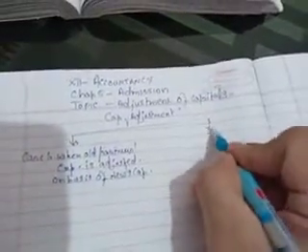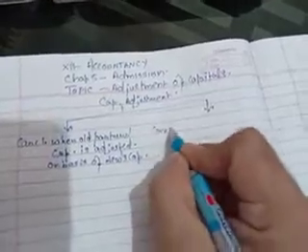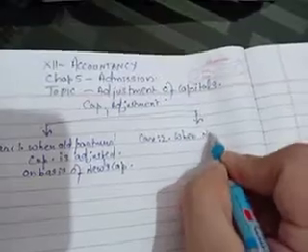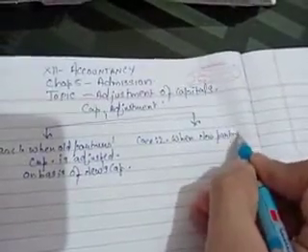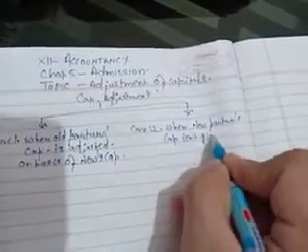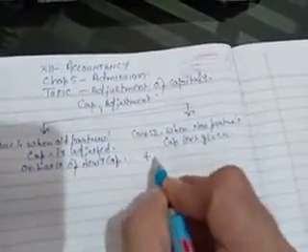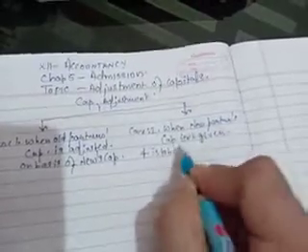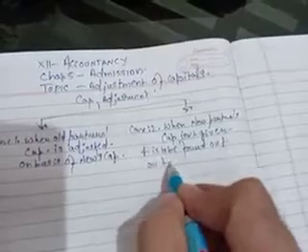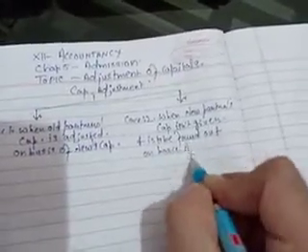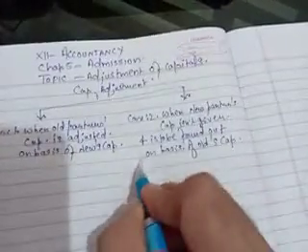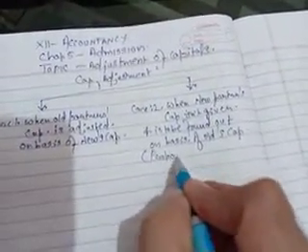And case 2, when new partners' capital is not given to us and is to be found out on basis of old partners' capital. That means he is to bring proportionate capital.